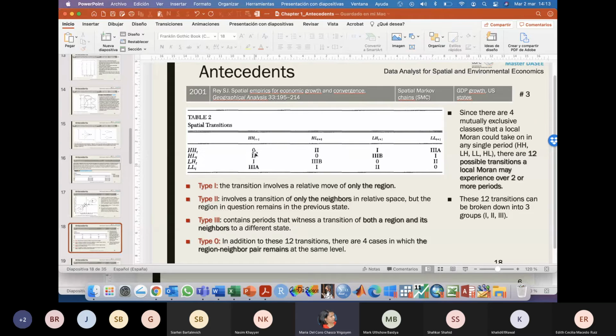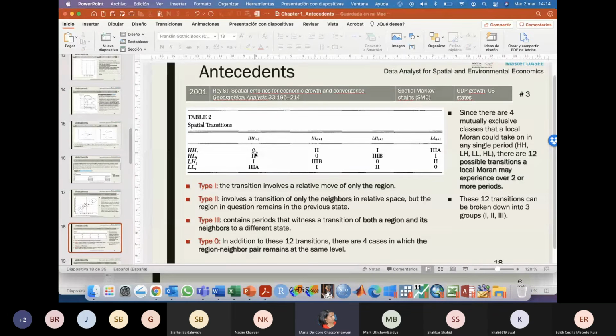Type 2 involves a transition of only the neighbors in relative space, with the region in question remaining in the same state as in the previous time. So the only ones that move are the neighbors of each state. For instance, a state that departed in low and ended up in low, but the neighbors went from low to high, for instance. This is the idea.